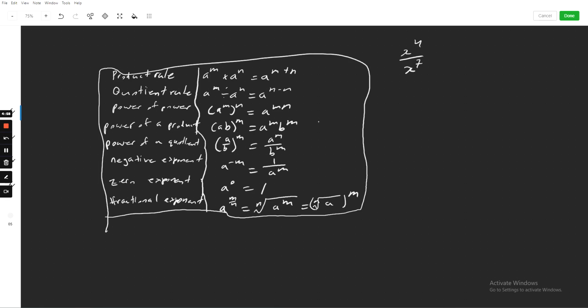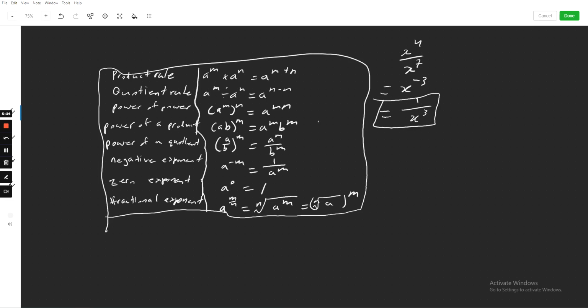So this would equal x to the power of 4 minus 7, that would be negative 3, and we can use the negative exponent rule, so this would equal 1 over x cubed. X to the power 4 over x to the power 7 is equal to 1 over x cubed.